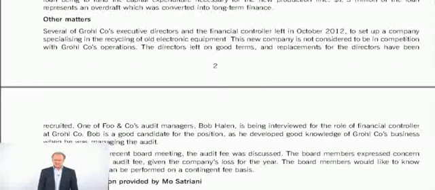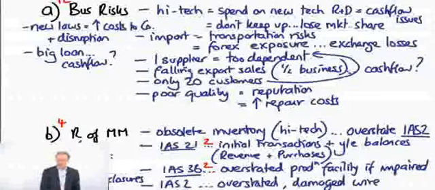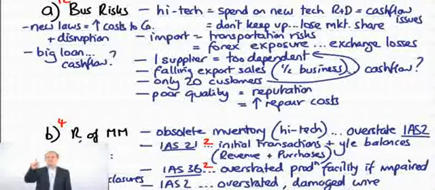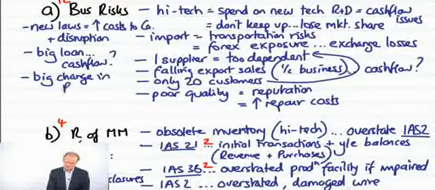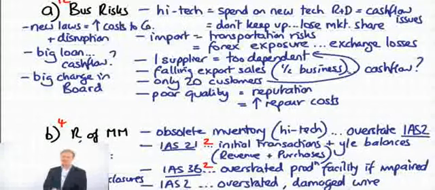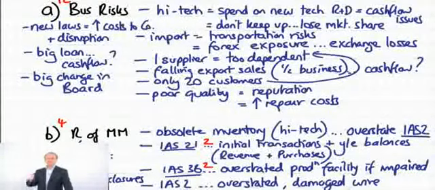Replacements for the directors have been recruited. Well, as I may well have mentioned regarding Tesco's, losing lots of your main directors is surely a business risk, lack of continuity. Surely.